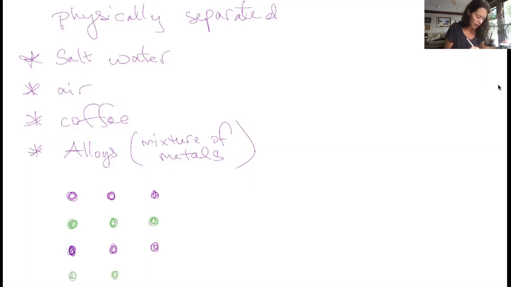So you see, I've got a constant distribution. The distribution is the same throughout. That's not an alloy. That's just what a homogeneous mixture would look like. We call these particulate diagrams.